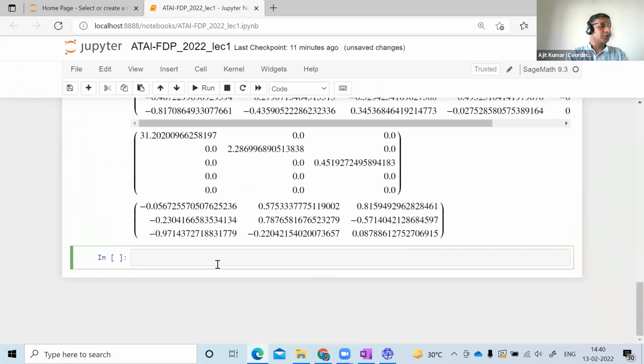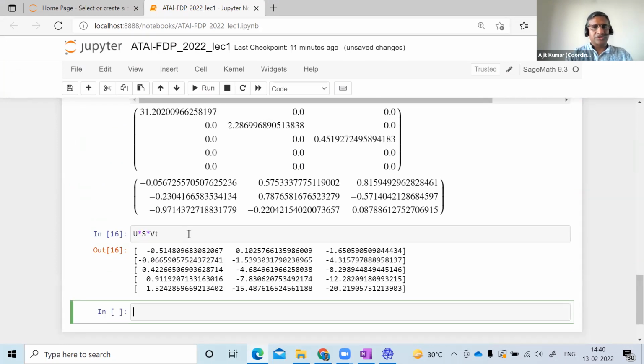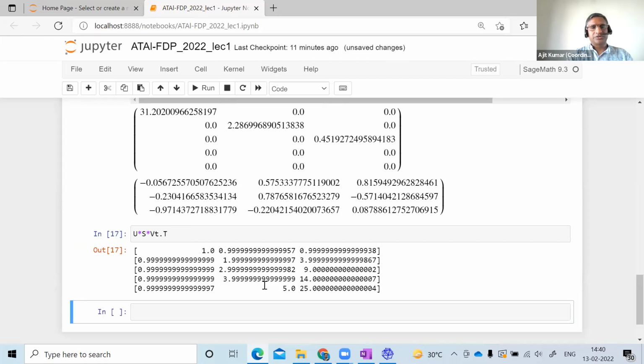Now let us check whether the singular value decomposition we got is correct. Let us multiply U into S into VT. We have to take the transpose of this, right?